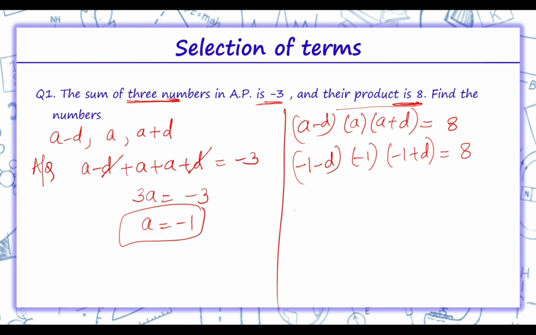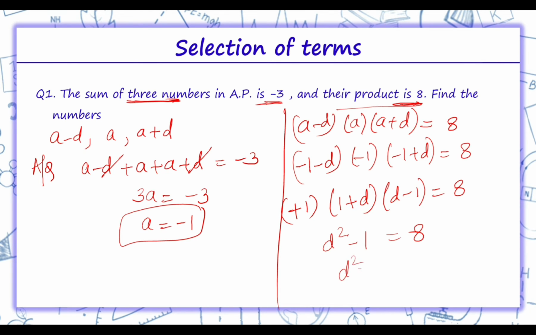Here we will get minus 1 into minus 1 minus d, we will take the minus sign common, so we will get 1 plus d, and this will become d minus 1. So on solving it, we will get d square minus 1 is 8. So d square will be 9. So d will be plus minus 3.